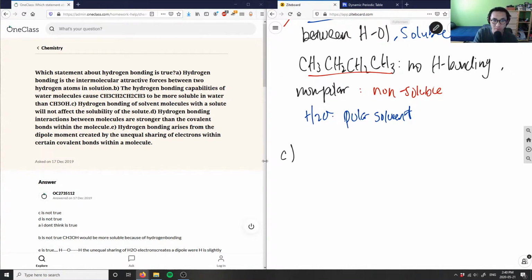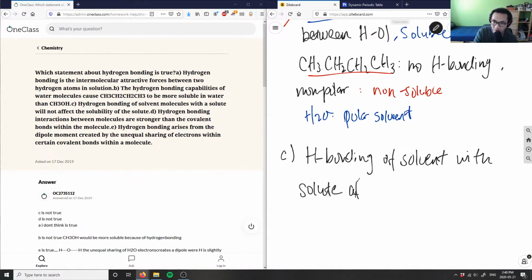So H bonding of solvent with solute affects solubility, and this statement is also false.